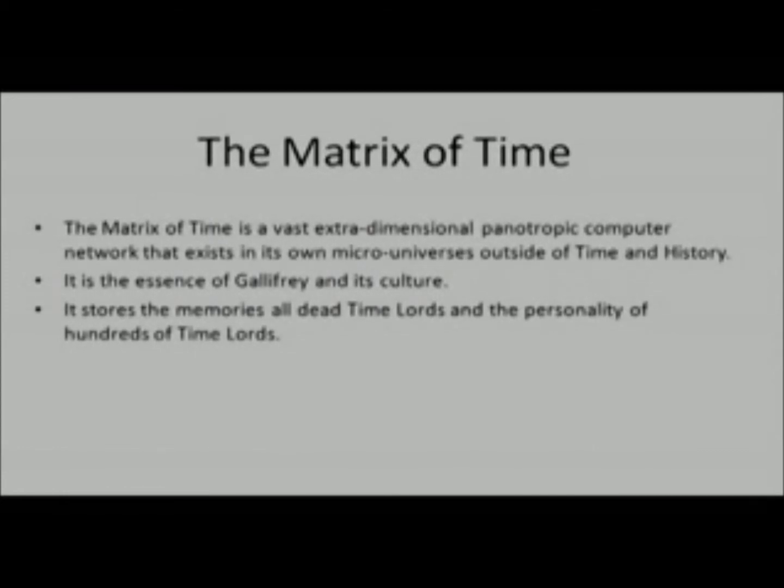And if you remember, Tom Baker, when he was the Doctor, went into the Matrix to fight one of the servants of the Master when he was on Gallifrey attacking the Lord President.